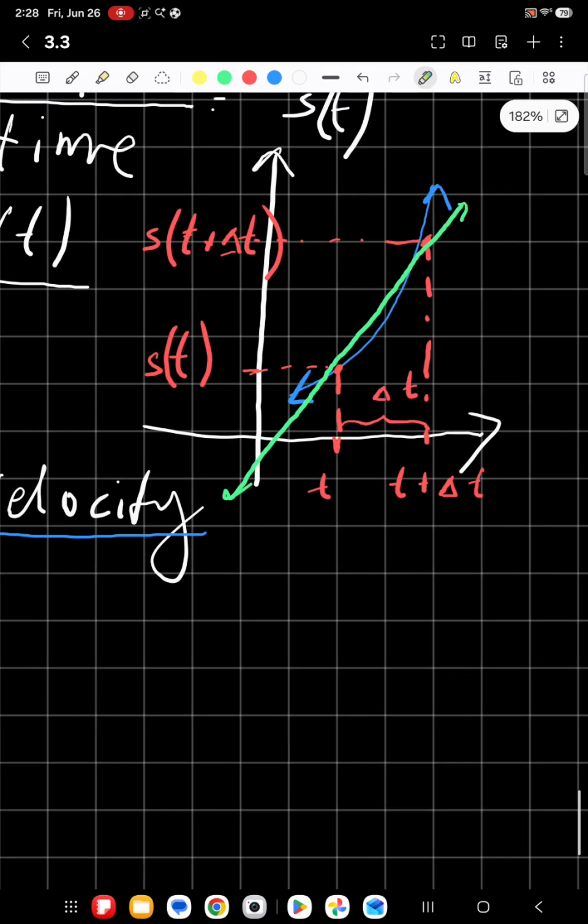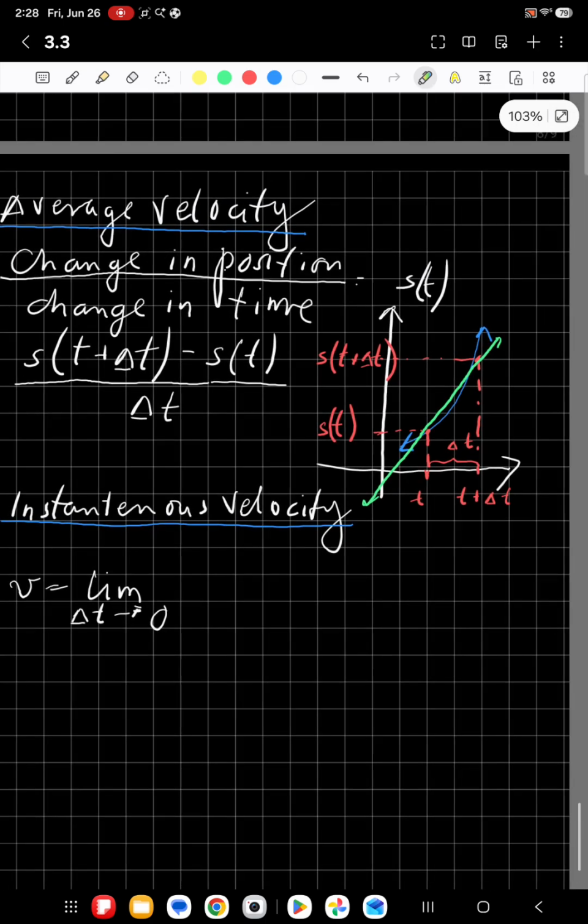I'm sliding that point towards the other point so that this delta t gets smaller and smaller, and basically approaches 0.